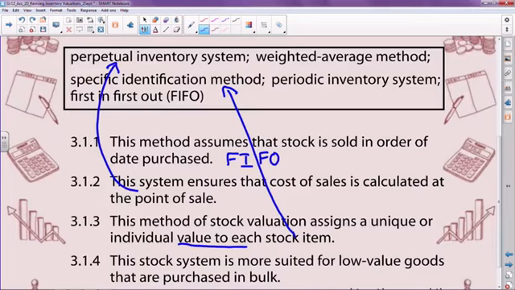Then they say this stock system is more suited for low value goods that are purchased in bulk. Again, stock system, they are referring you to the periodic inventory system. However, if they said this method of stock valuation is best suited to low value goods that are purchased in bulk, you could assign that to weighted average, depending on the question.